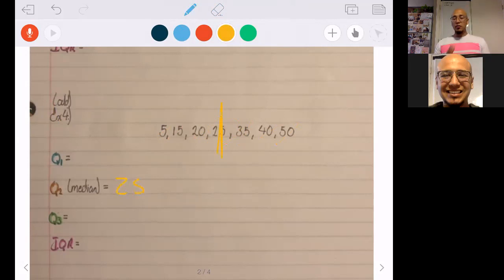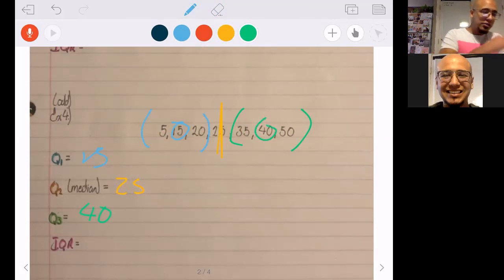Now, because we have a number right in the middle, we're not going to use that number. It's not on the lower half and it's not on the upper half, so I'm going to ignore it as I consider my lower half and my upper half. In the lower half, my Q1 is going to be 15, and in the upper half, my Q3 is 40.